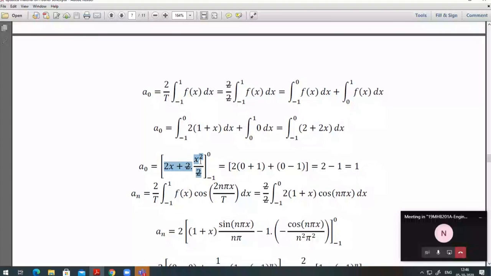In other words, 2 into upper limit minus lower limit, this should be negative, and plus upper limit minus lower limit, minus of minus 1. So the answer anyhow we get is plus 1.